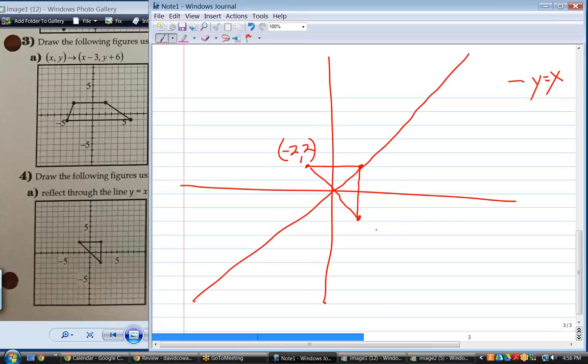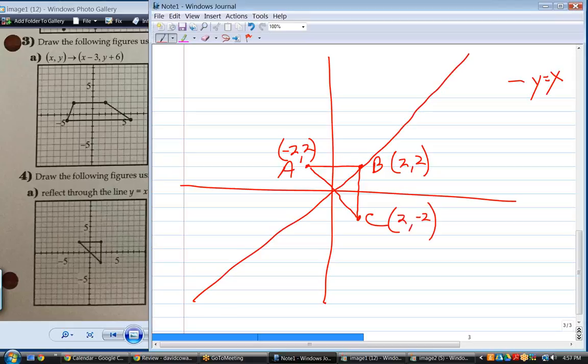You see why? In other words, let me label these because they've drawn this triangle in such a way that it's going to be quite confusing. So I'm going to label them A, B, C. B is 2, 2, and C is 2, -2.